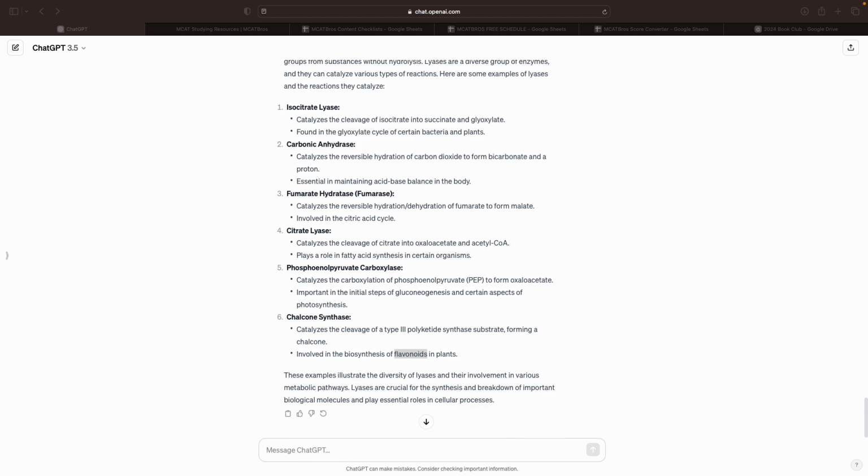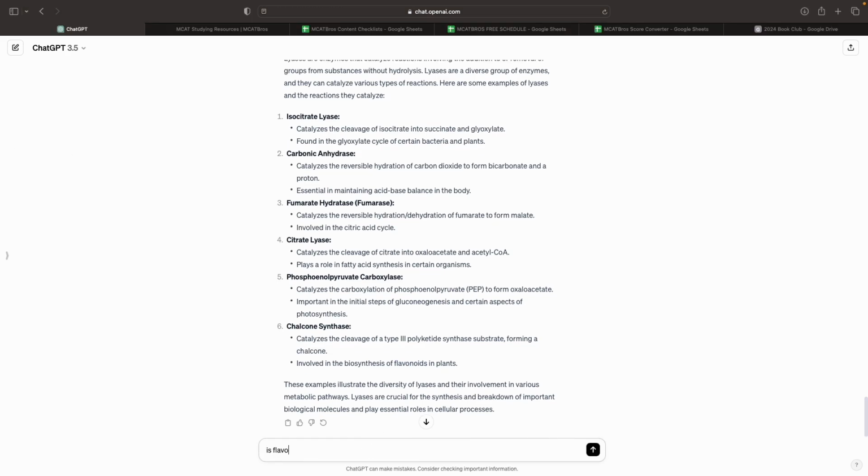Flavone is a colorless crystalline compound which is the base of a number of white or yellow plant pigments. Should be like rice, right? So let's see. Is flavone in rice?